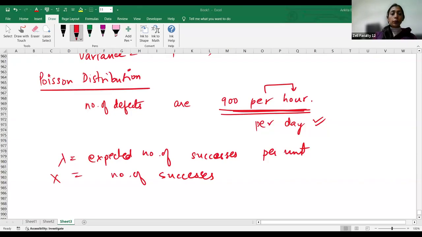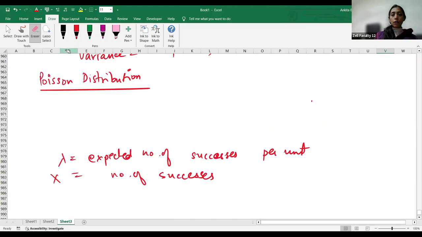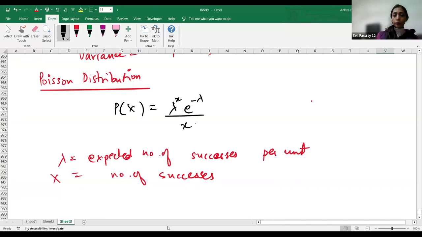The probability of getting x is equal to lambda to the power of x, e to the power of minus lambda, divided by x factorial.